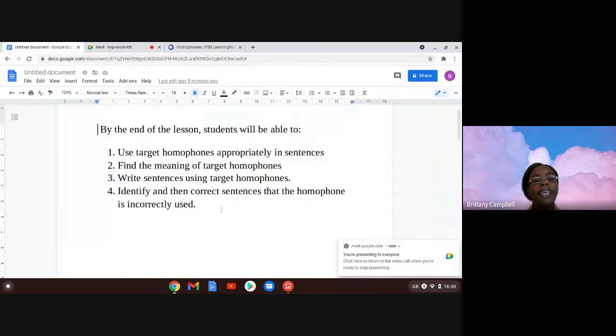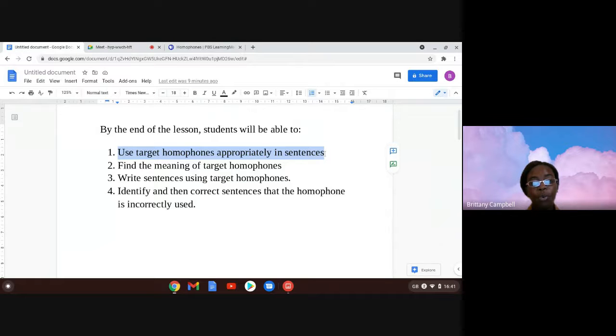By the end of this session, you should be able to use target homophones appropriately in sentences, find the meaning of target homophones, write sentences using target homophones, and last but by no means least, identify and then correct sentences where the homophones are incorrectly used.